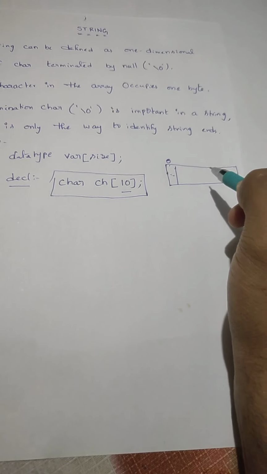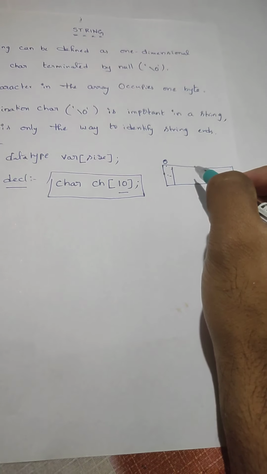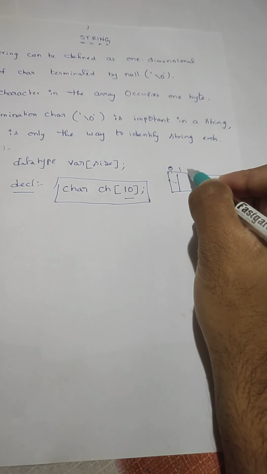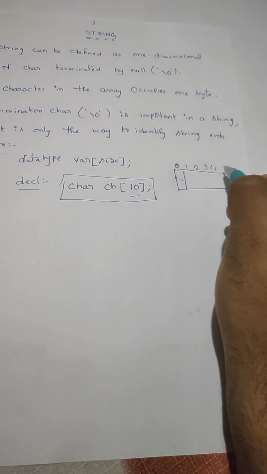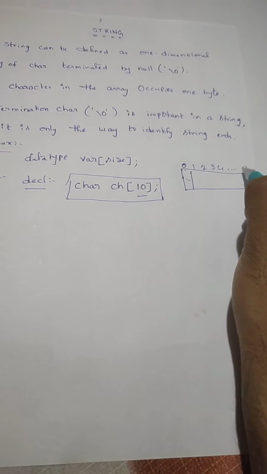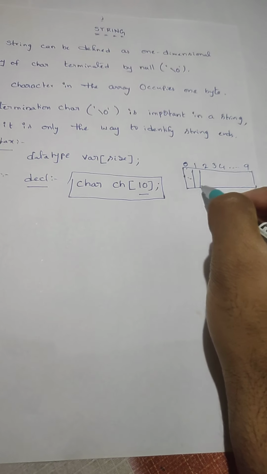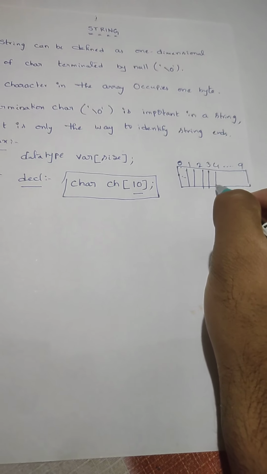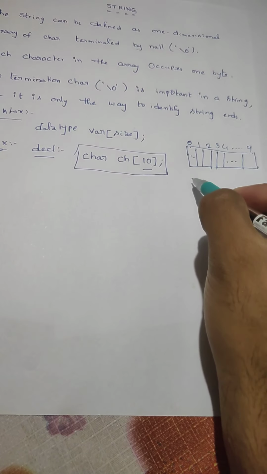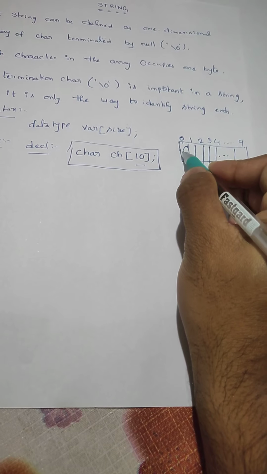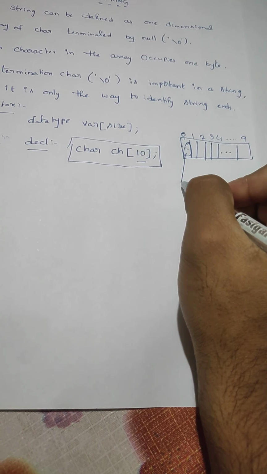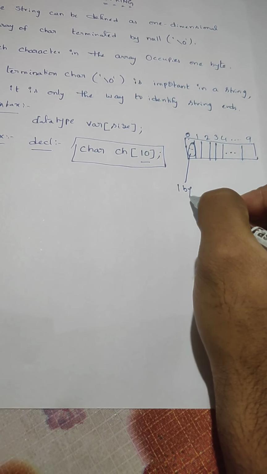Every array index starts with 0, then 1, 2, 3, 4 and so on up to 9. In this way the memory is created, and each block occupies 1 byte.